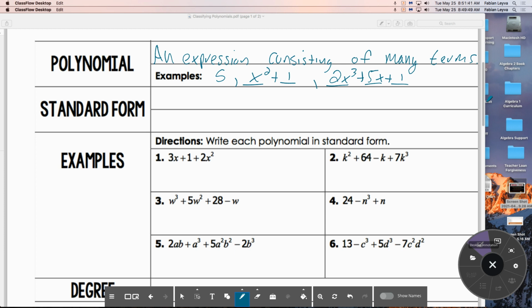Now, in order to have a polynomial in standard form, the polynomial must be written with its exponents from greatest to least.